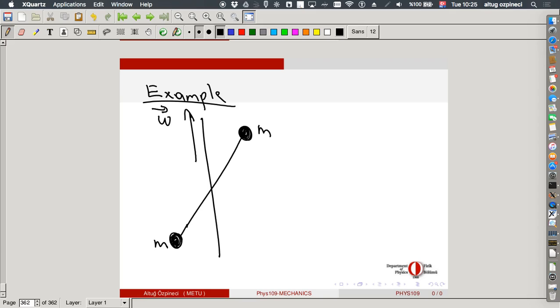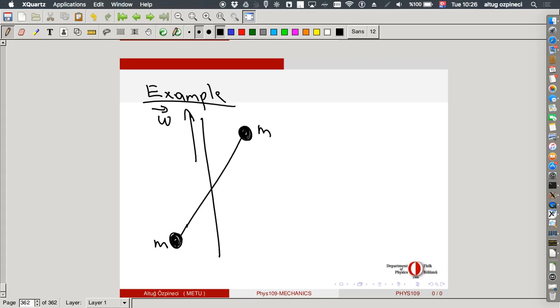So you can imagine that I have this rod with masses attached, so it's making such a motion with masses at both ends.